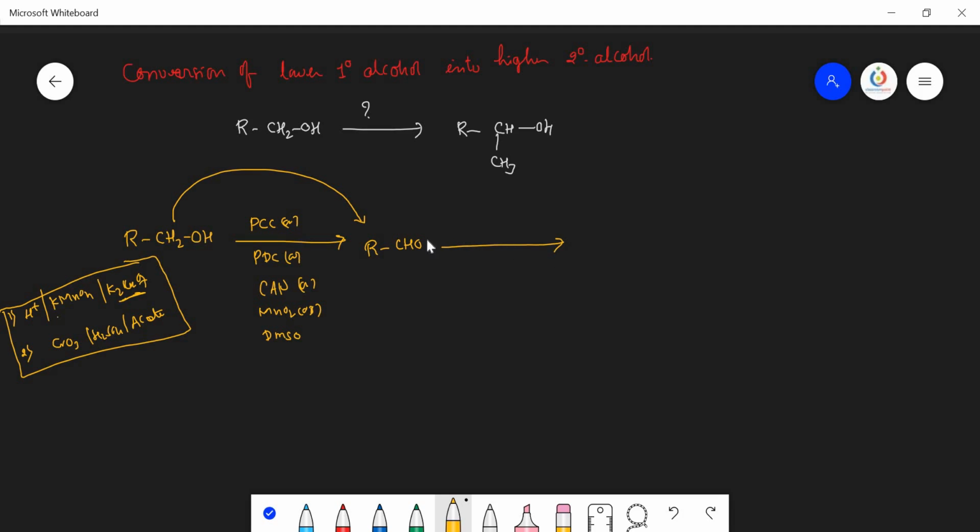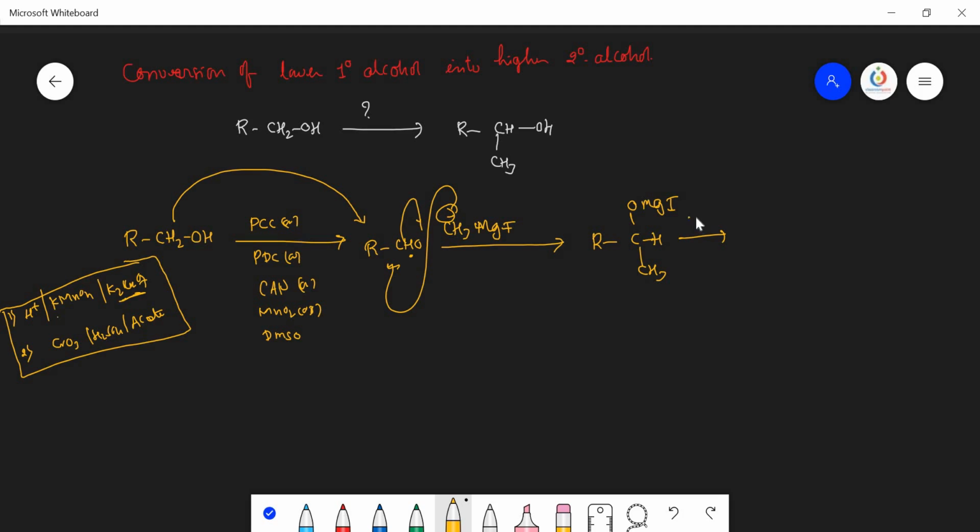And this has to be subjected to the Grignard reagent CH3MgI. Okay, this Grignard reagent acts over here, and the pi bond electrons of the oxygen will shift over there. Magnesium iodide comes over and attaches to the oxygen so that we get the OMgI, and CH3 has been introduced, and hydrogen as it is.